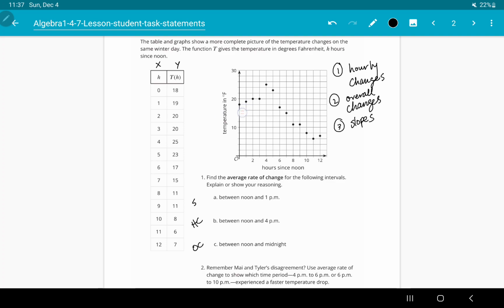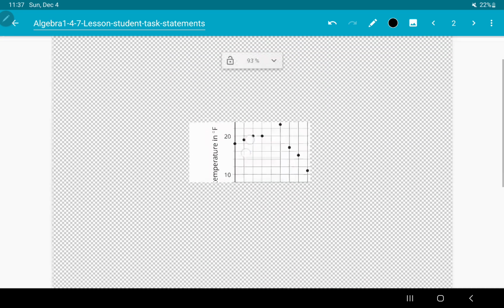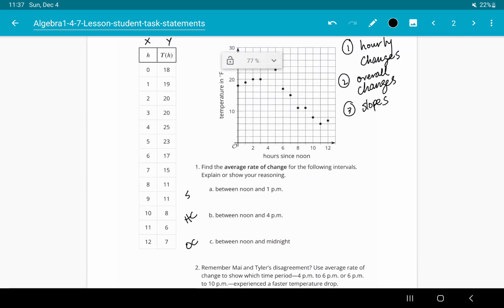So we can calculate the slope between those two values, and that's going to be our average rate of change. The way that we calculate slope is we take one y value and subtract another y value, and we divide that by one x value subtracted by another x value.